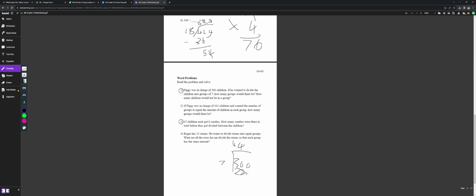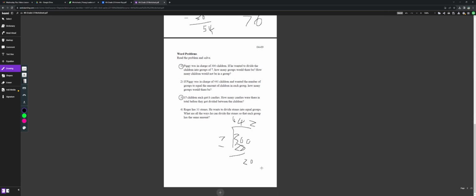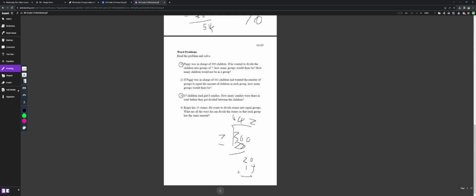So 30 minus 28, we have 2 remaining. And how many times would 7 go into 20? 2 times. So we're left with 6. So, in conclusion, there would be 42 groups, but the number of children that wouldn't be in a group would be 6.